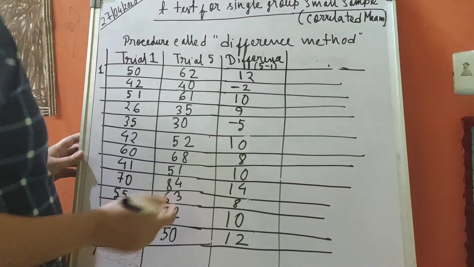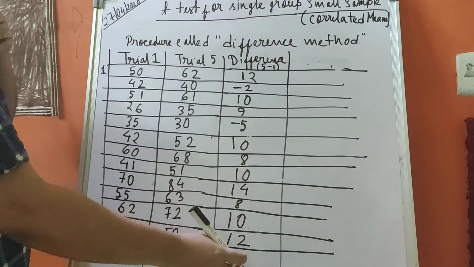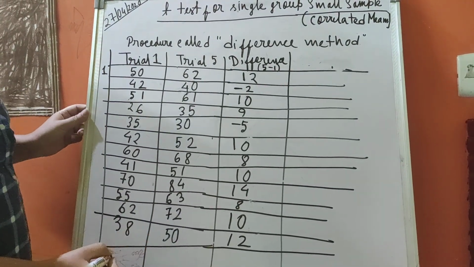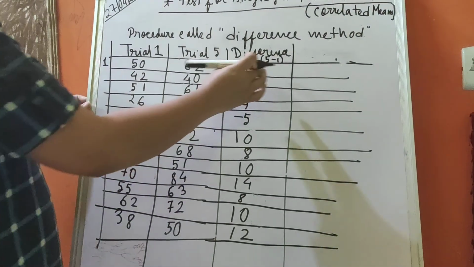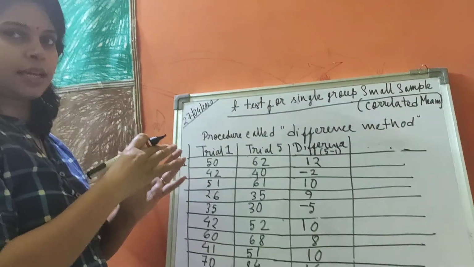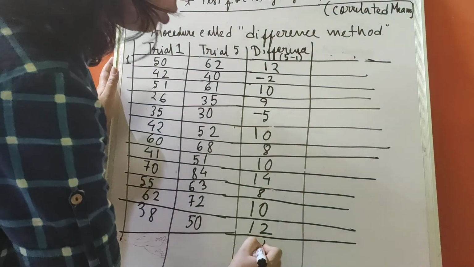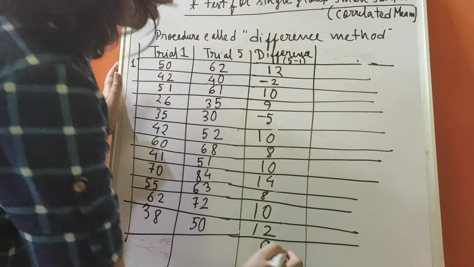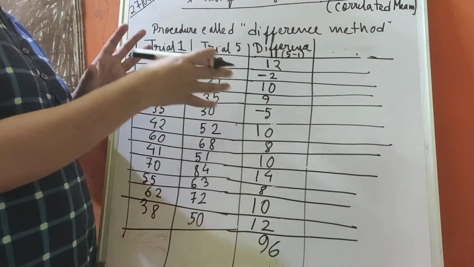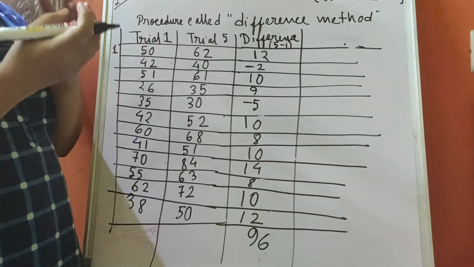Okay. Now we'll find out the mean with the help of this difference. So here if we total the positive values on one side and the negative values on one side and then subtract, it will come out as 96. How has this 96 come? On one side you total all the positive values and on the other side all the negative values.